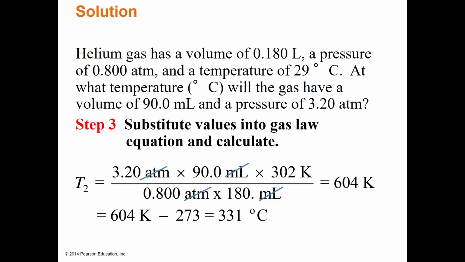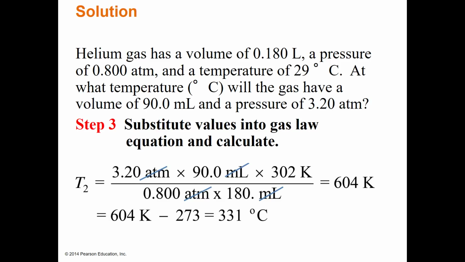So once again, you want to cross multiply. It's easiest to cross multiply with these problems too. 0.800 times 0.180 liters times T2, equals 3.20 times 0.09 times 302. And then you want to isolate the temperature too, so you will divide both sides by the product of those two numbers, which you can write out.